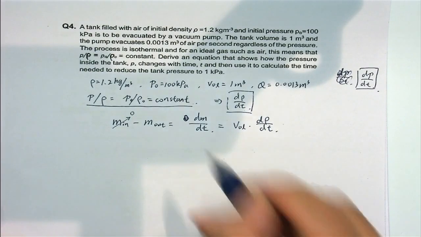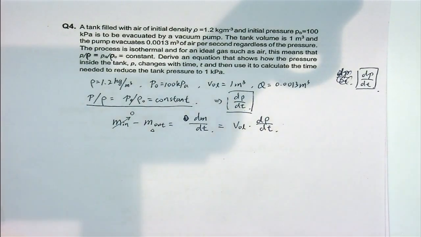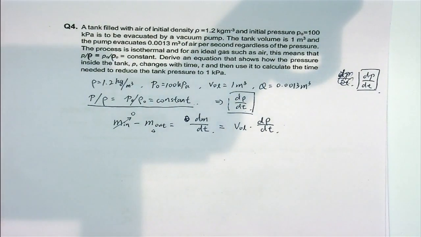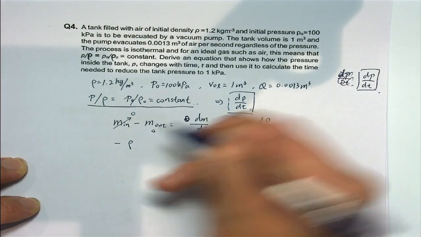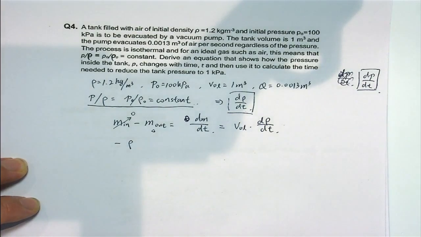So how to get that one? M out, that the volume decreases by that amount. So we use the density at a specific time, at an infinite time, which is minus rho. That is the density at this time, a specific time.